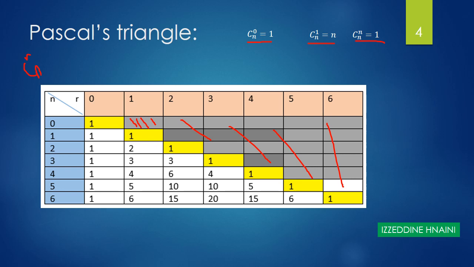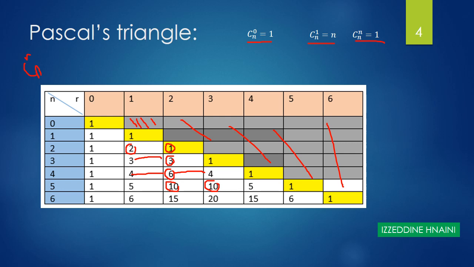In fact, we add here 2 plus 1, the answer is 3, and we write 3 in this cell. 3 plus 3 equals 6, and we write 6 in this cell, and so on. 4 plus 6 equals 10, and we write 10 in this cell. 6 plus 4 equals 10, and we write 10 in this cell.